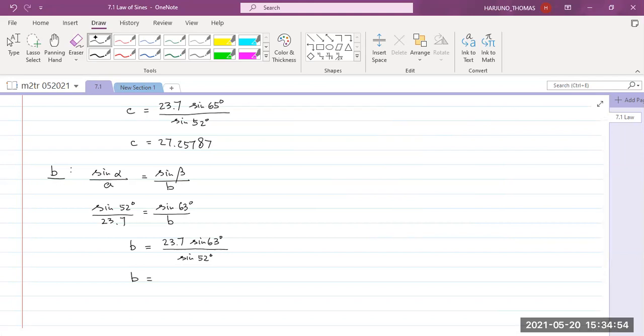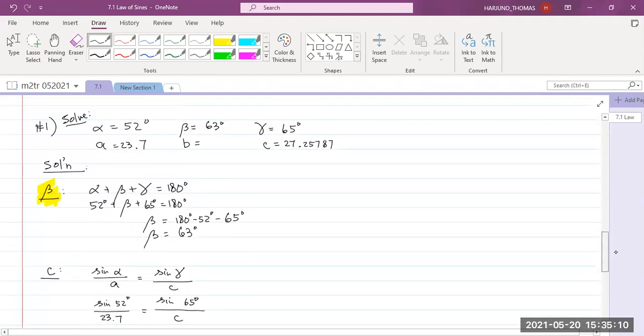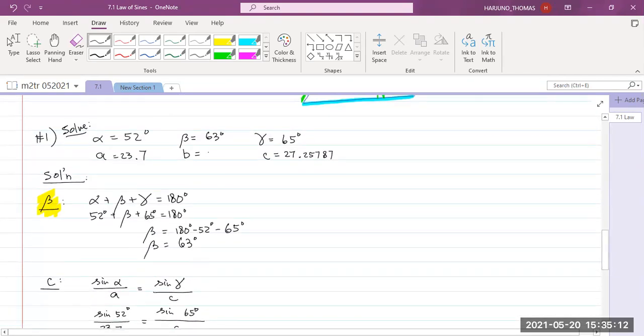Okay, let me compute this. I get 26.79767. And then I fill in this table. Do I have to do this table, Thomas? No, you don't. But if I were you, I would do that. Why?